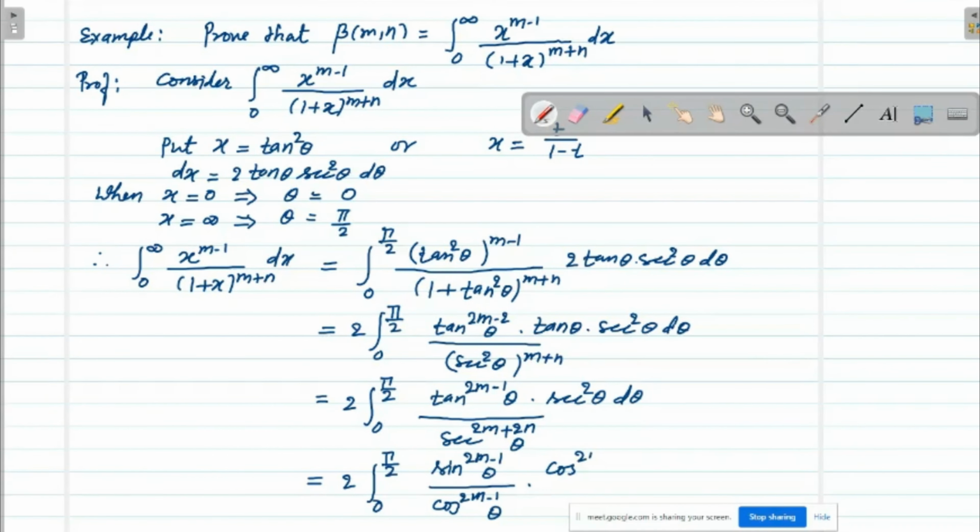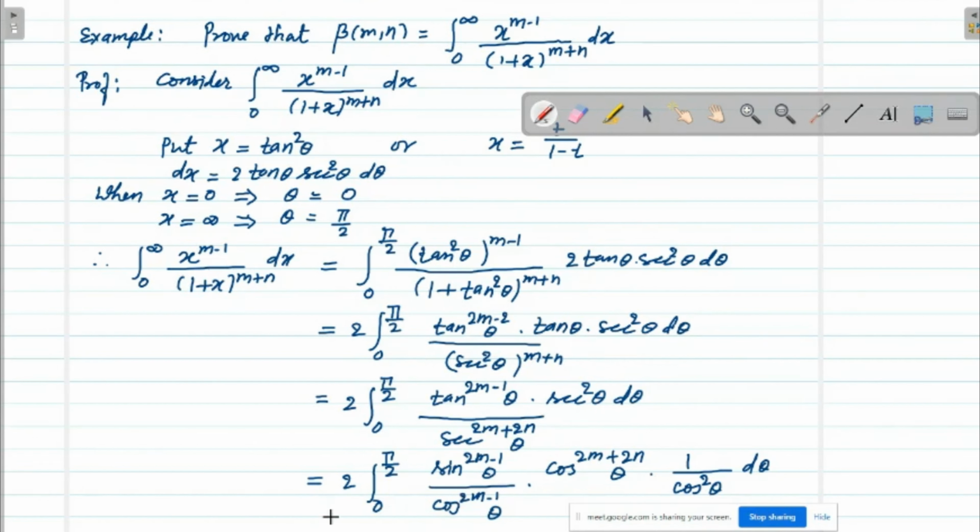So we write cos 2m plus 2n theta into, and sec square theta can be written as 1 upon cos square theta, and d theta. Is this correct? Yes or no? Yes, sir.